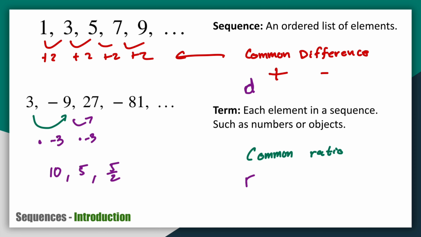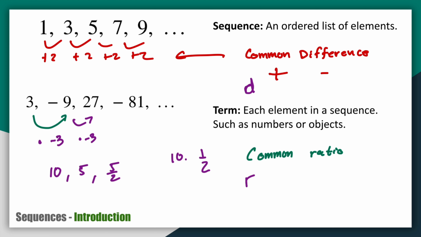But that's not true. You multiplied by 1/2, okay? And when you multiply by 1/2, it gives the appearance of division because you are eventually going to divide. 10 times 1/2, 10 times 1 is 10, and then it's 10 divided by 2, okay? But we do not use divided by 2 for our common ratio because you're going to see with the formula we need it to be multiplication, even if later it turns into division.